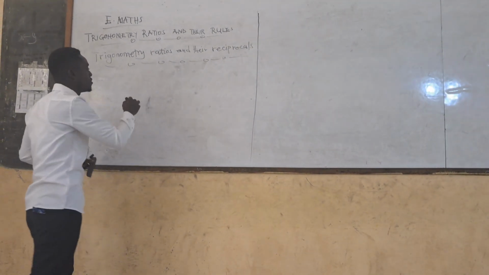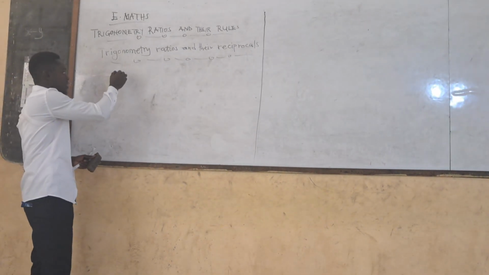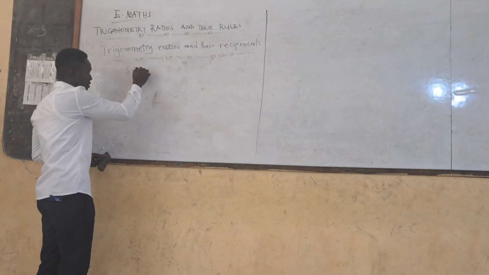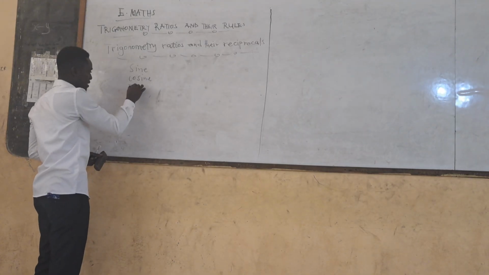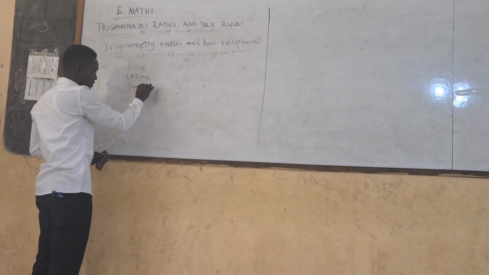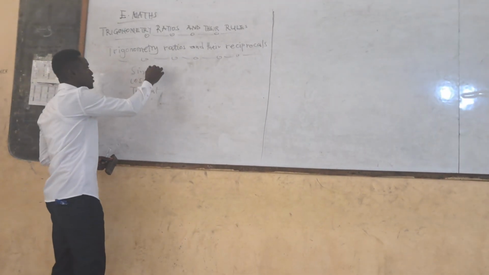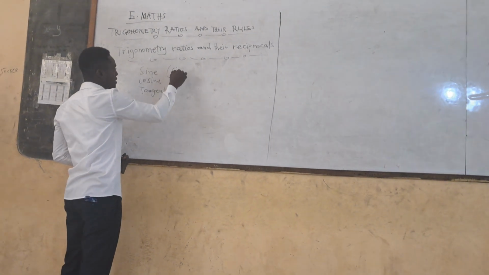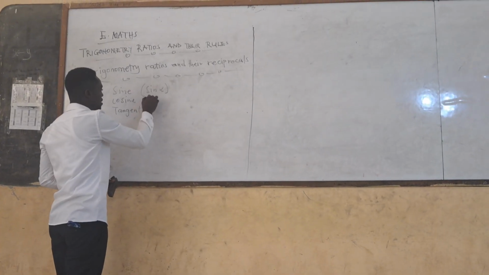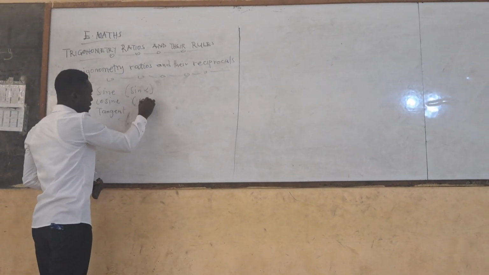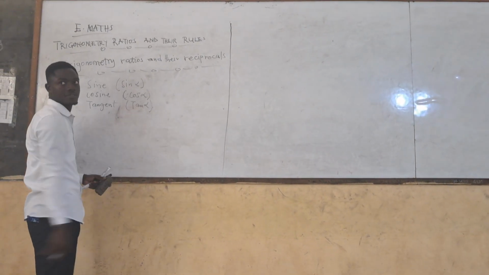First of all, we have the basic trigonometry ratios, which are sine, cosine, and tangent. In some textbooks, they are shortened and written like this, for a certain angle, let's say alpha: sin alpha, cos alpha, then tan alpha.